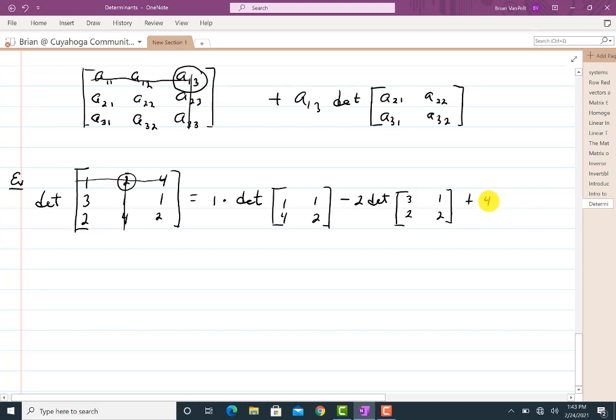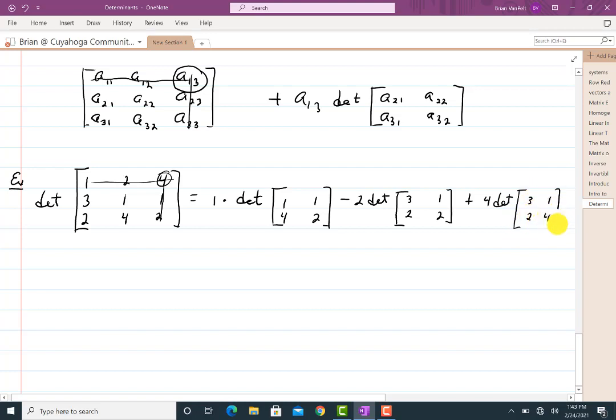Let me see if I can get rid of my marks from the last time. Good, got rid of them. Now I'm going to work the 4, mark its column and row, and what do I have left over? The determinant of 3, 1, 2, 4.